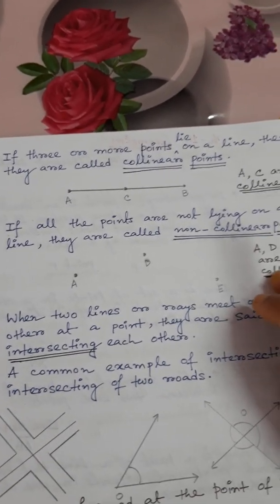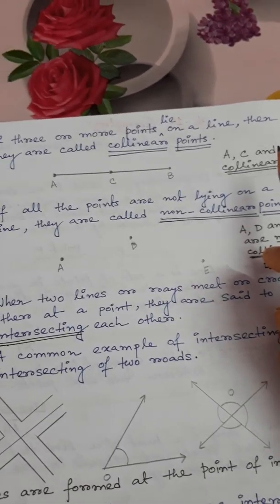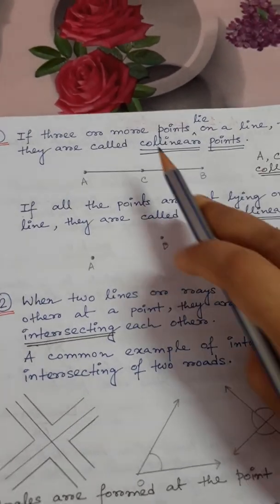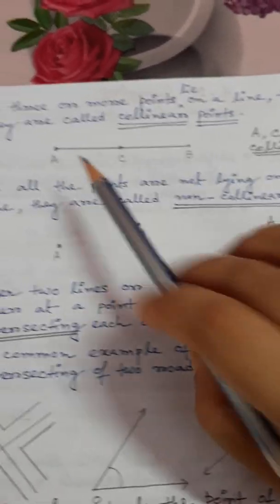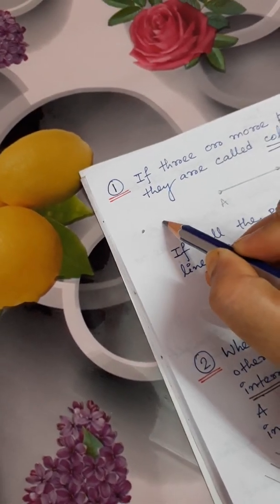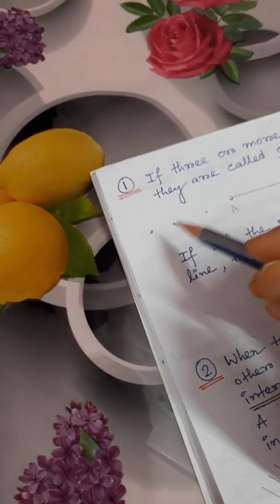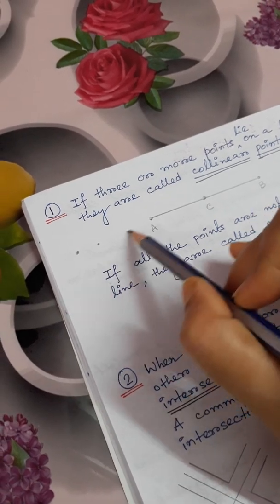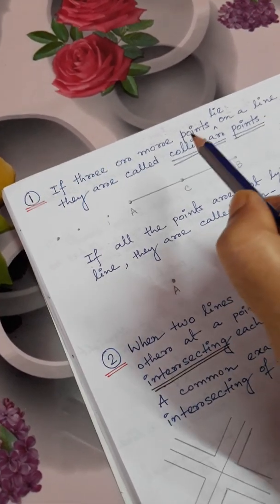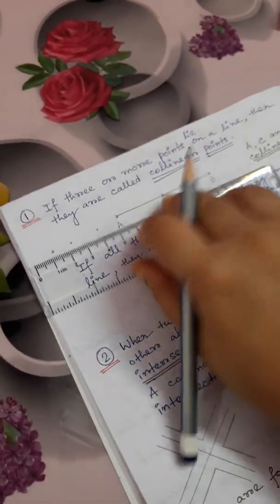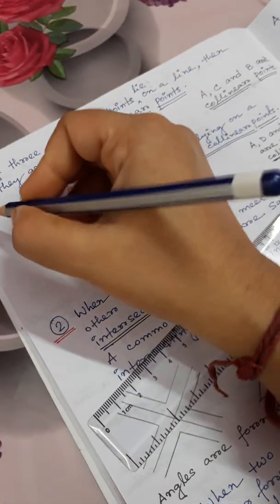See here, if 3 or more points lie on a line, then they are called collinear points. At first you have to take 3 points, like this. If you take 3 or more points, at least 3 points, that lie on the same line, you use this ruler and give the names at first.